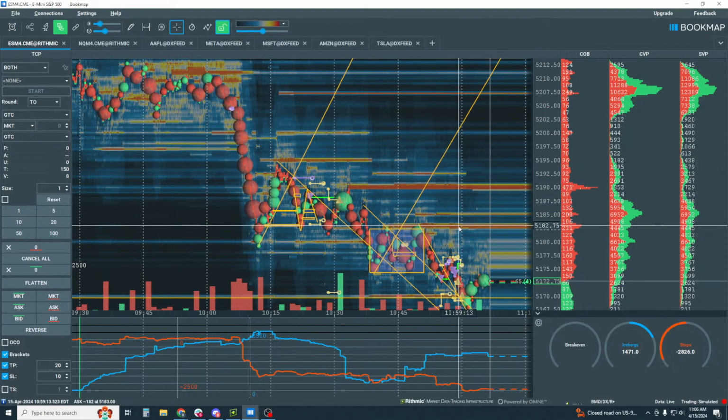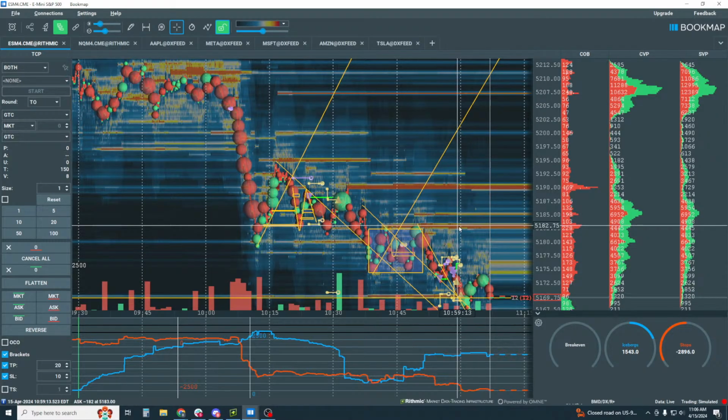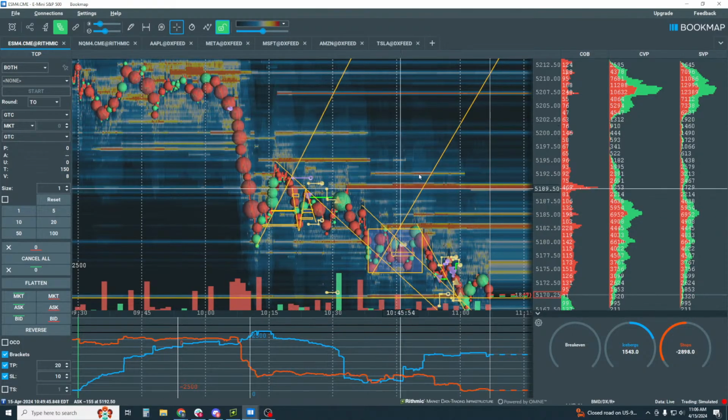His trade criteria is based on some of these big stops and iceberg events. It's not for entry, but for him to be alerted to the next setup. Then he looks at the order flow.